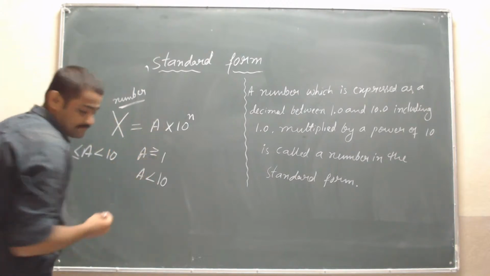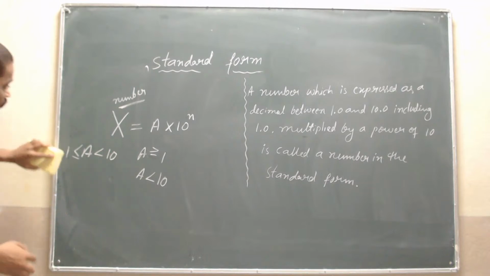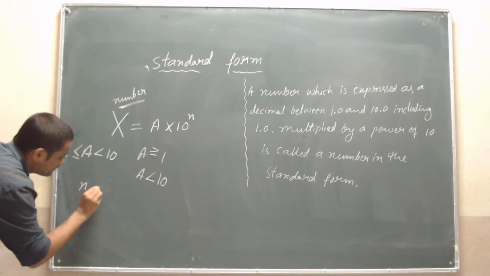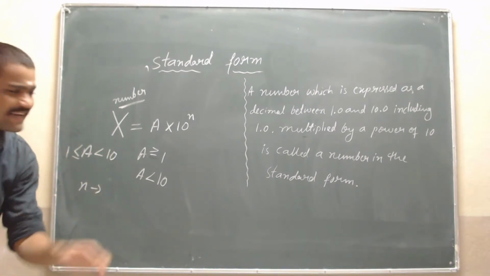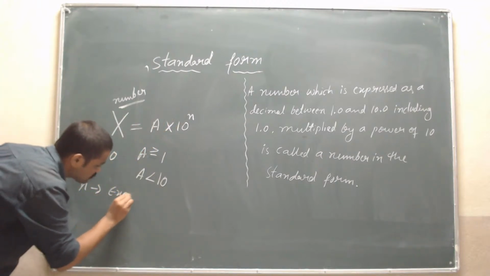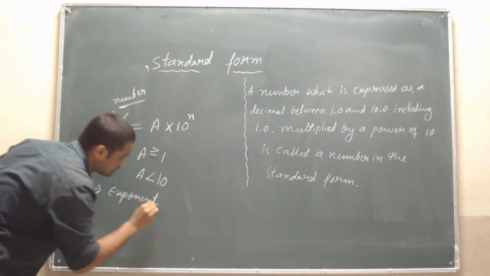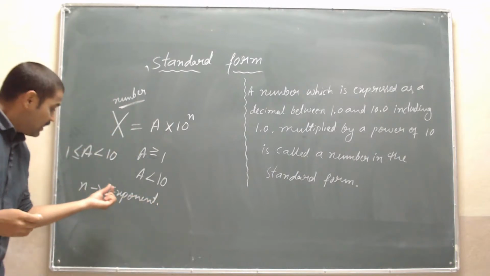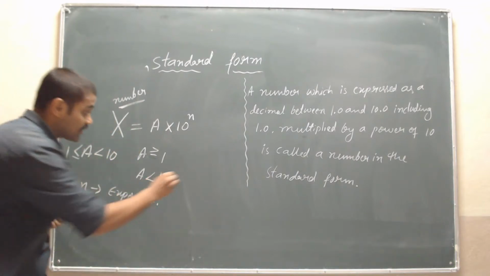Then what about n? N is the exponent or a power. N is positive, it is most important.